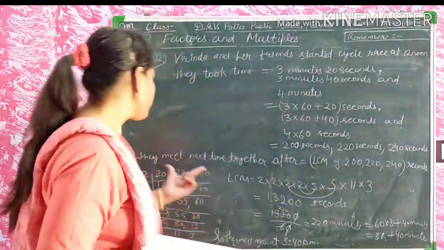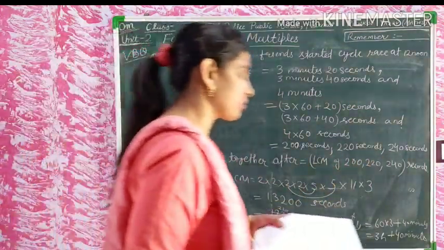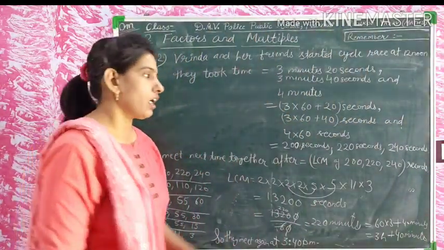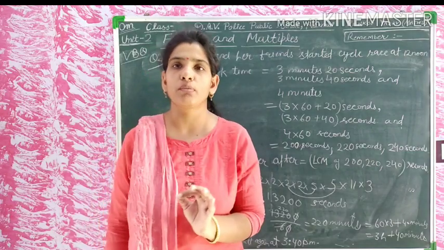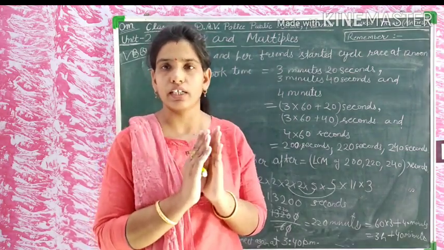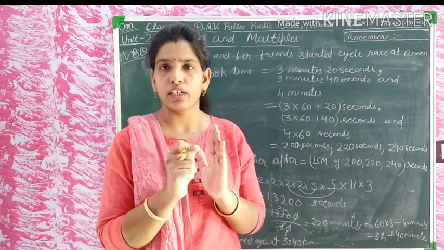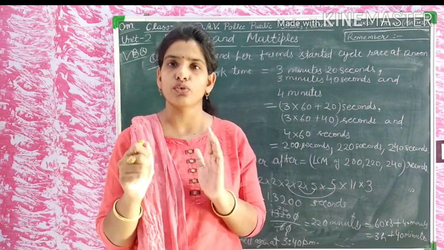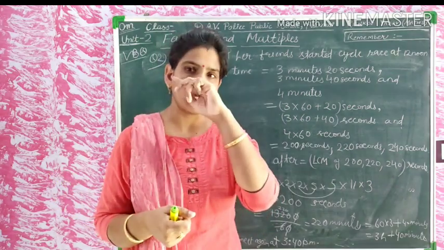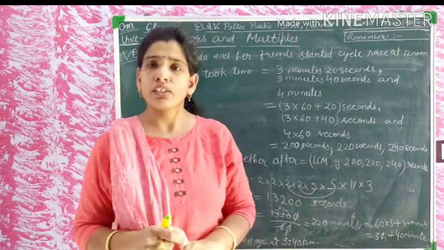Now, after which time do they meet together? At one time they started cycling, and one took 200 seconds, one took 220 seconds, and the third took 240 seconds.